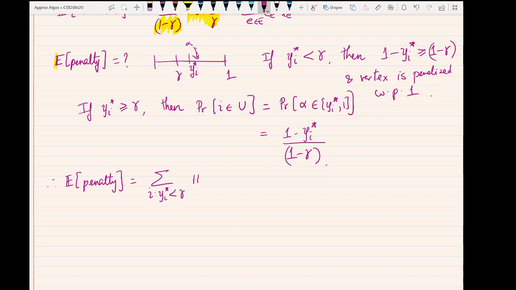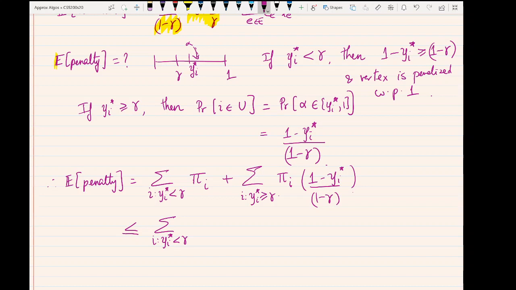for these vertices you always incur a penalty pi, and for the vertices which have yi star values which are greater than gamma, you incur an expected penalty cost, right. But notice that because of the observation above, this is at most, the second term remains as it is.